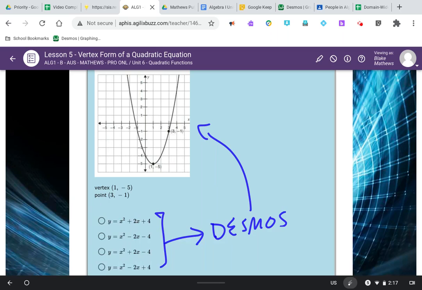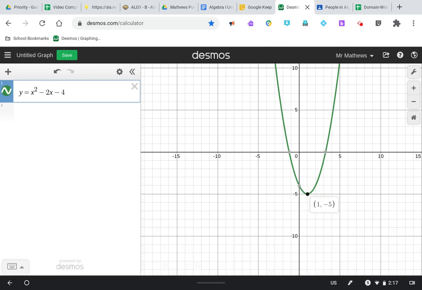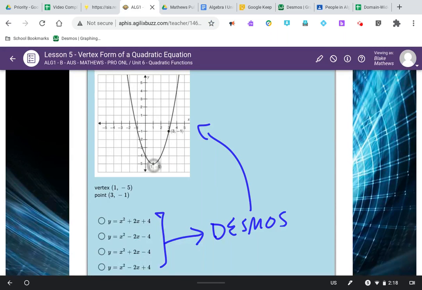Go to the next one. The only thing that's different here is we have negatives instead of positives. So let's change that. Minus 2x minus 4. Much closer. Now let's look at these points and see if we think these are good. Well, we can see 1, -5 is the vertex. That looks good right there.